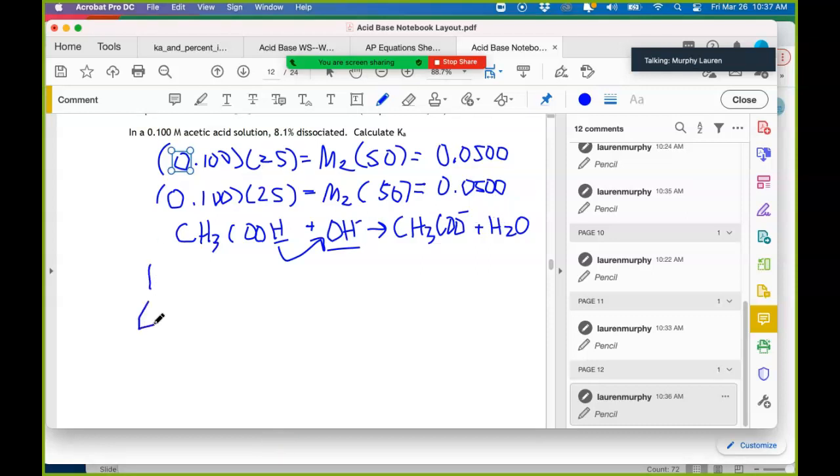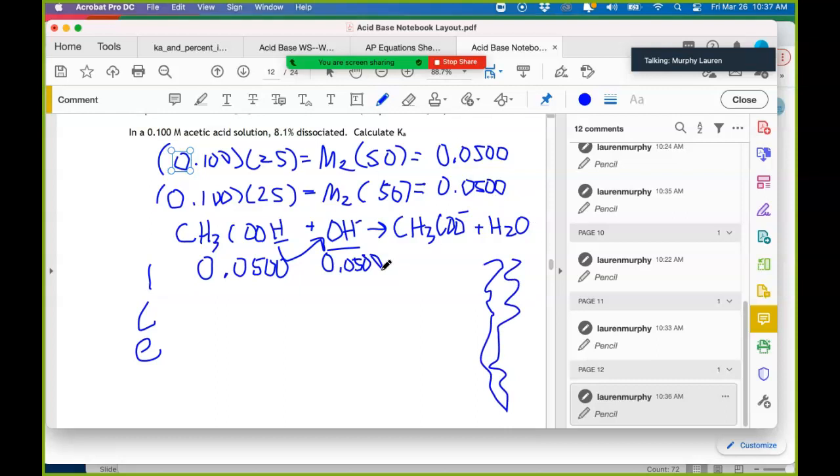So again, set up your ICE chart to organize your limiting reactant problem. Water is a liquid, so we don't care about it in terms of concentration. No salt until they react. Still a one-way arrow because this is a reaction. This isn't an equilibrium problem right now.